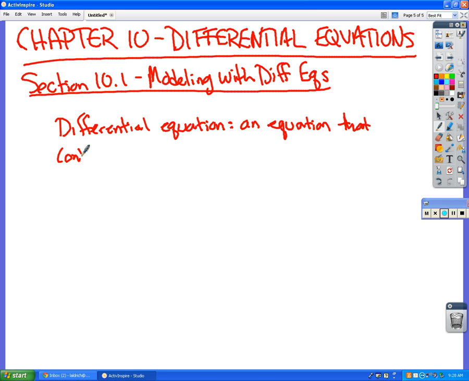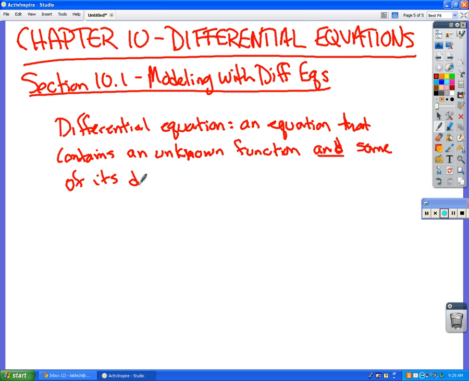That not only contains an unknown function. It's an equation that contains an unknown function and, that's a D, and some of its derivatives.